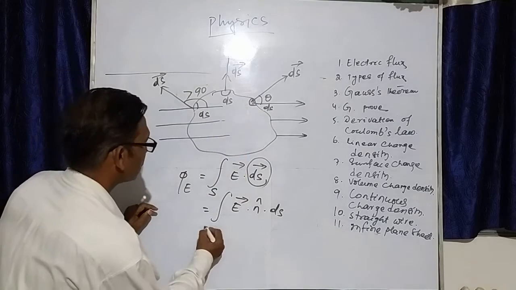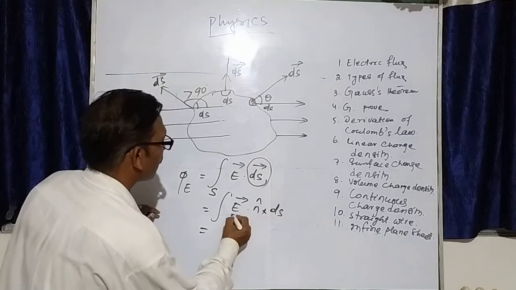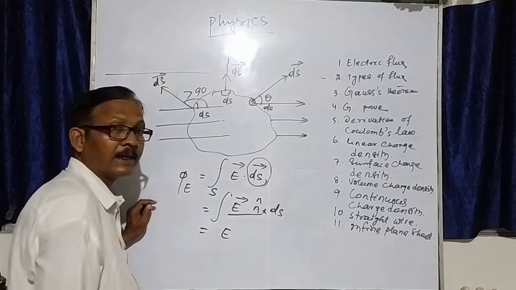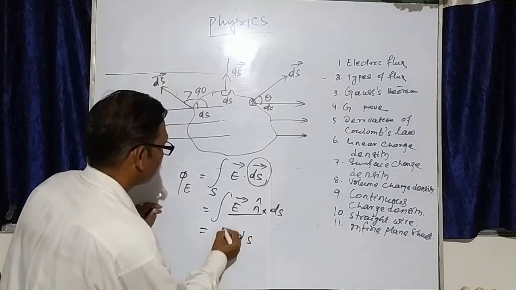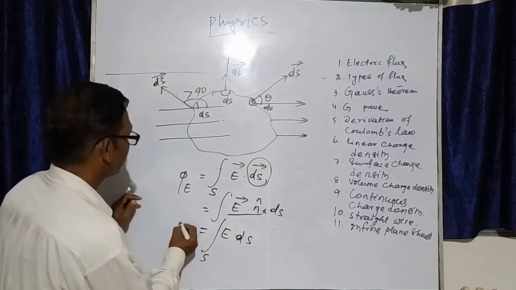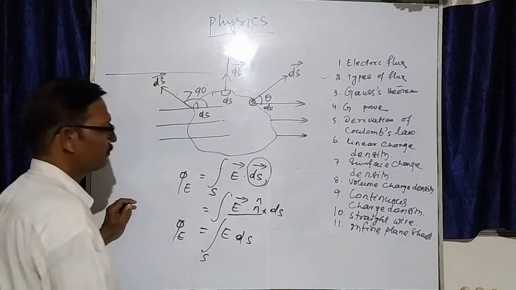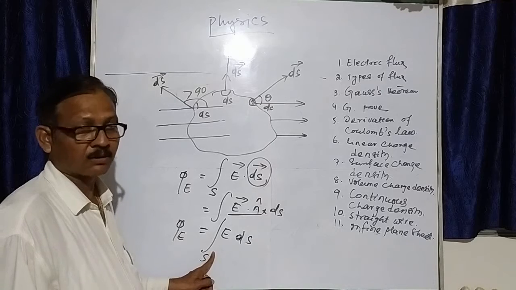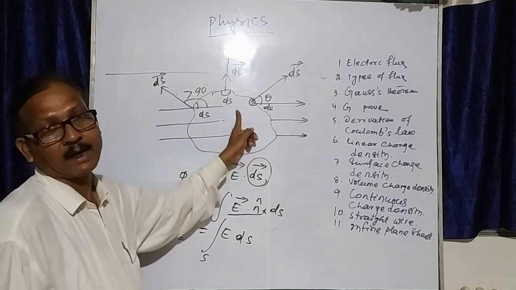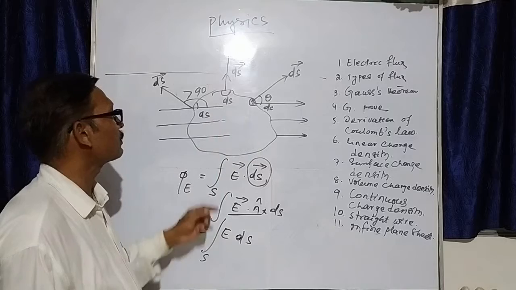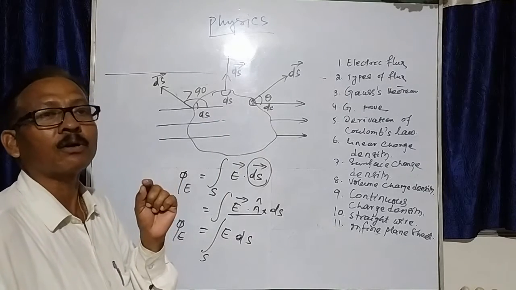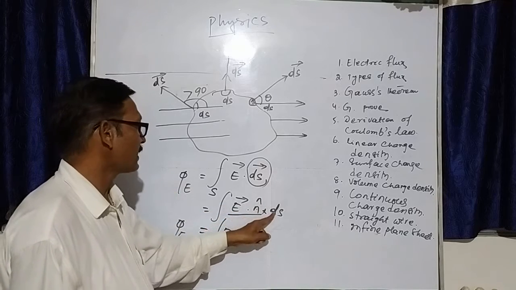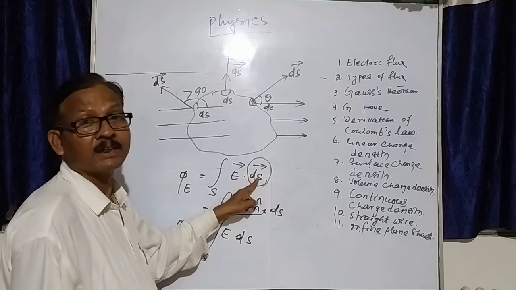Okay, so this is E dot n cap ds. You can write your flux this way also. If you take a small elementary area, you take the whole integration. Integration means total area, number of lines of force, mathematically or quantitatively E dot n cap ds or E dot ds vector.